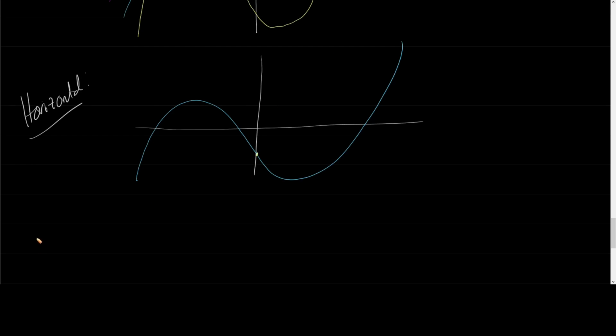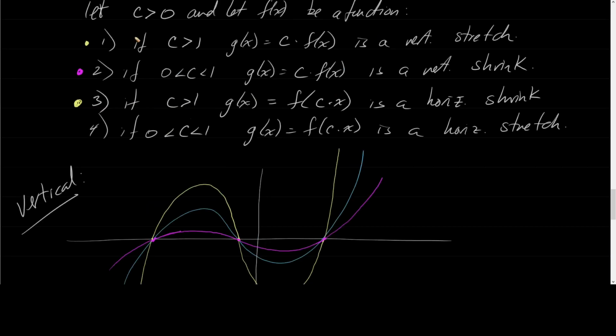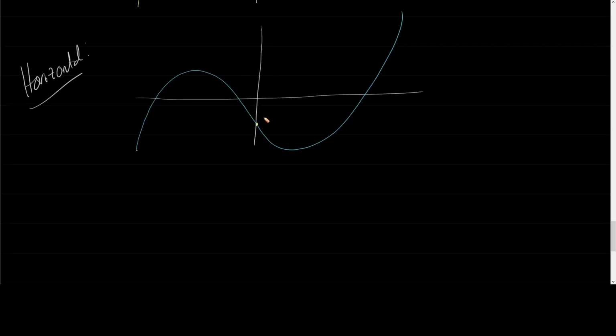Recall that here I was doing a shrink, because c was greater than 1. So essentially, it's going to look something like this. Everything over here is being squeezed this way, and everything over here is being squeezed that way.